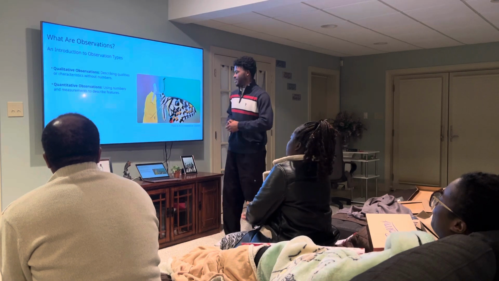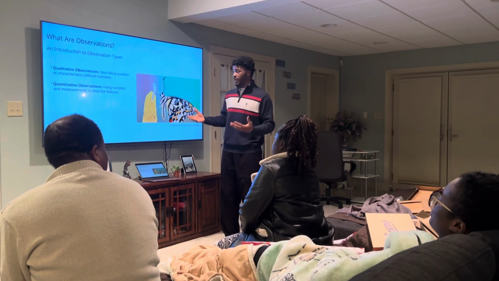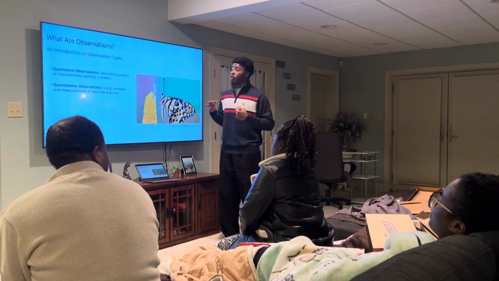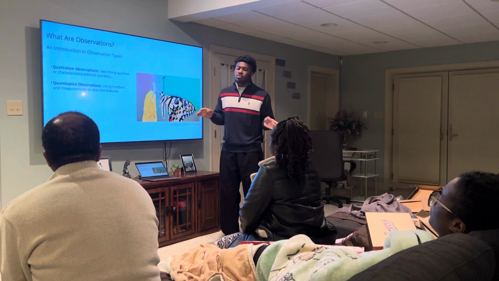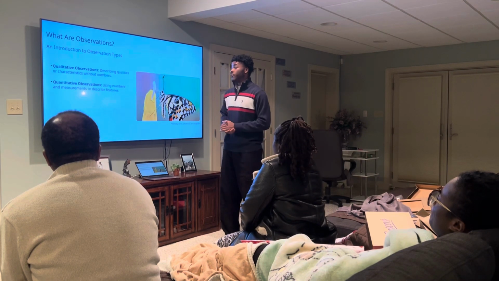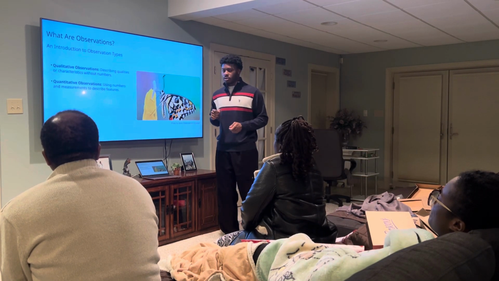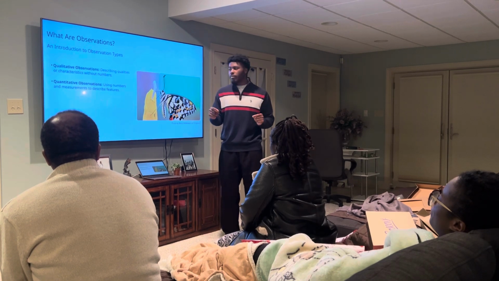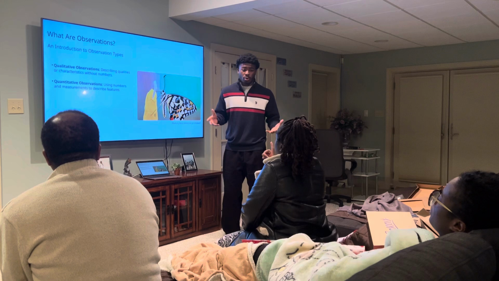Good. So with qualitative observations, we're going to be describing the different qualities or characteristics of something without using any numbers. For quantitative observations, we're going to be trying to use specific numbers or measurements to describe the features of what we're looking at.